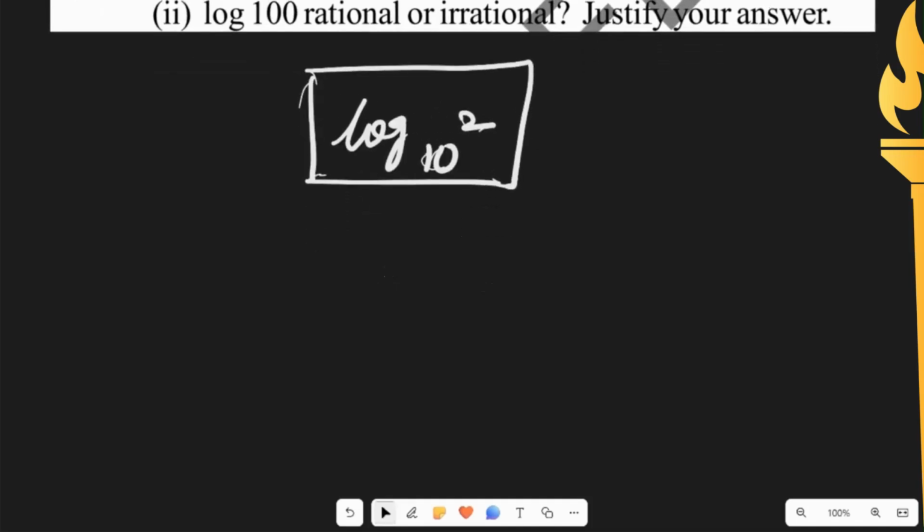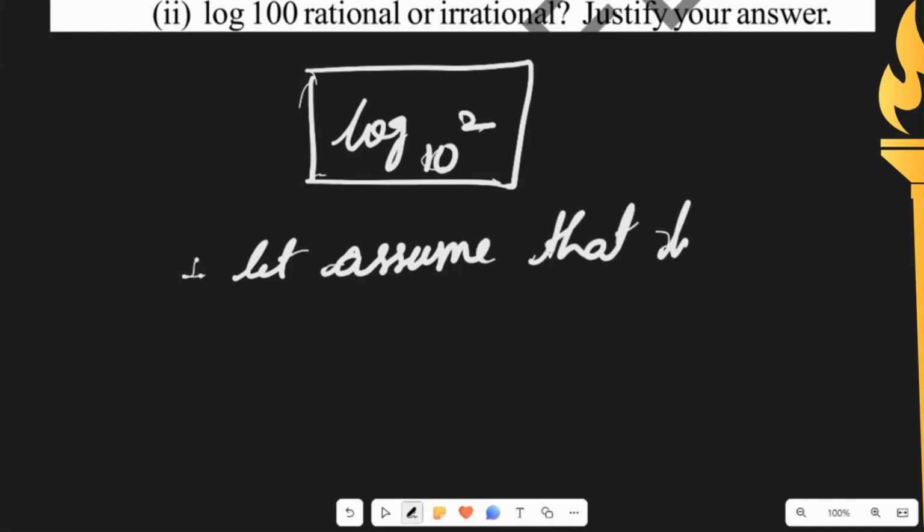If any number is rational, it should be in the form of p by q. So let's assume that log 2 base 10 is rational.